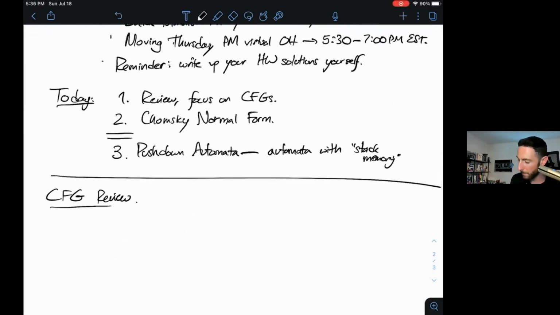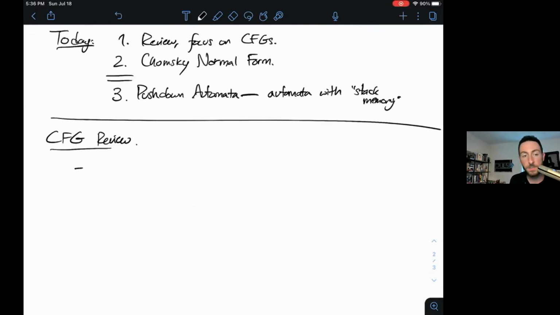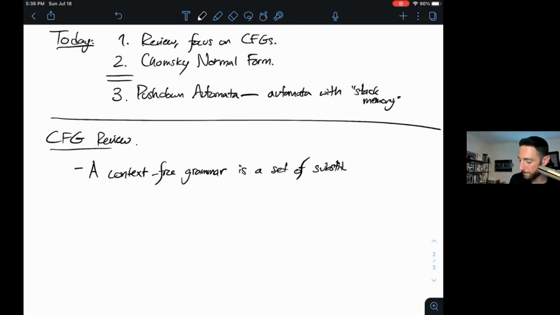CFG review. Quick notes, things we learned last week. A context-free grammar is a set of substitution rules that turn single variables into strings of variables and terminals.